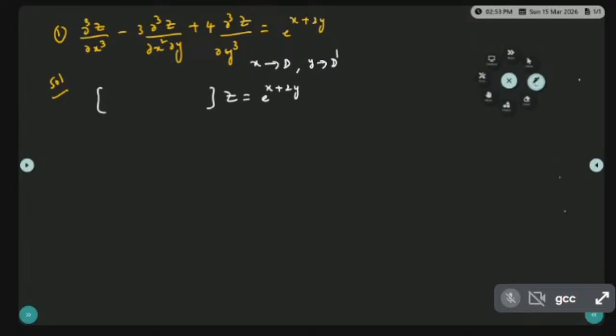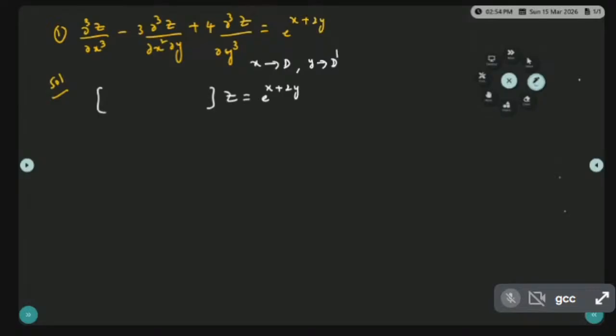All of you must complete the problem because this is the third sum, right? You must know how to convert this into operator form first. Now tell me, what is the equation in the operator form?